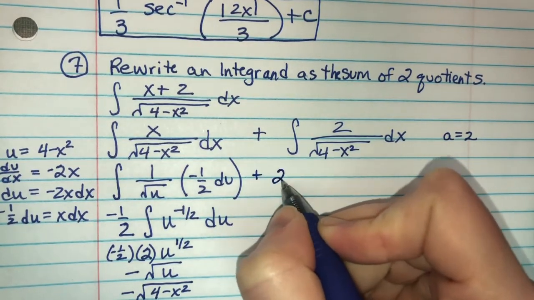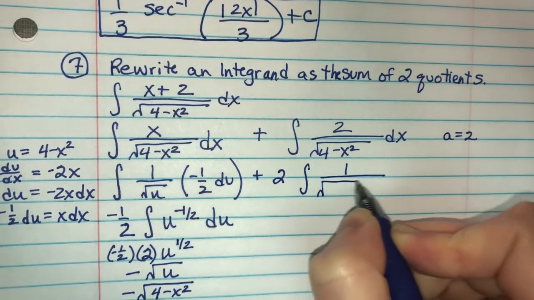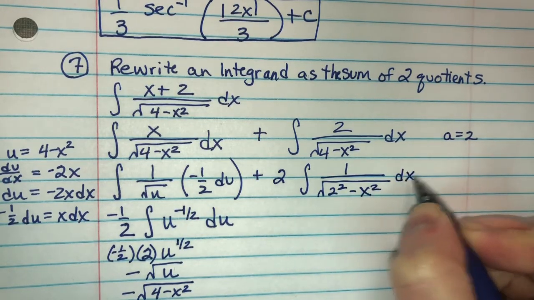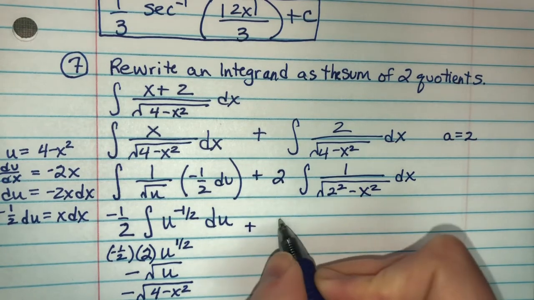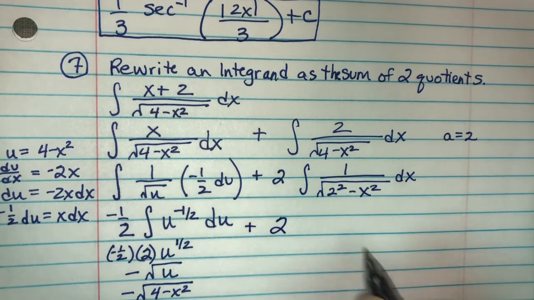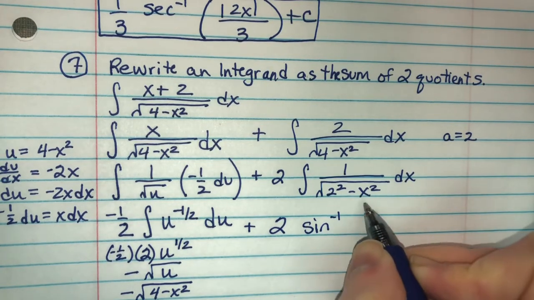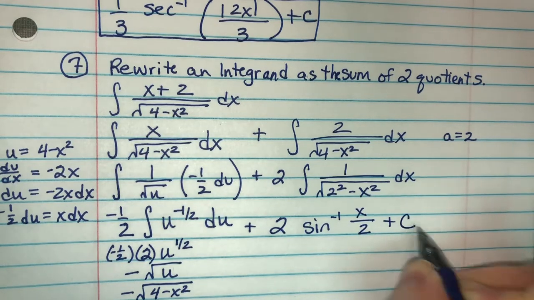So we'll go plus 2 times the integral of 1 over the square root of 2 squared minus x squared dx. So this will be plus 2 times, we can do the inverse sine of x over 2 plus c.